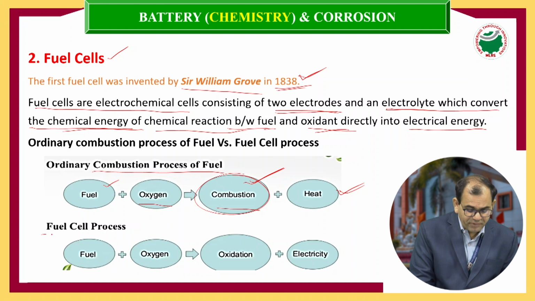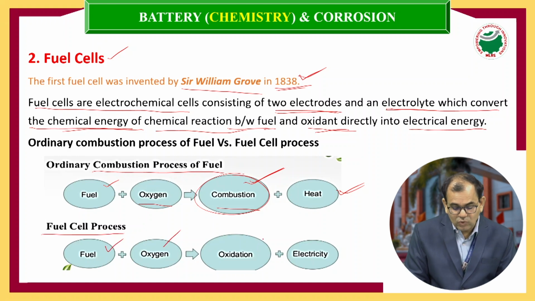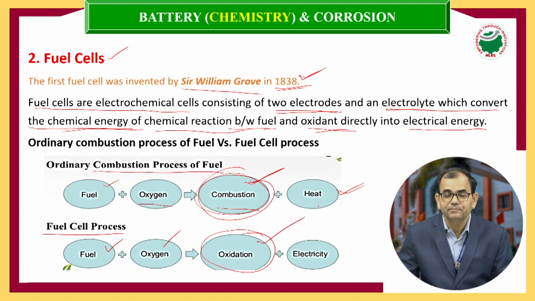Whereas in a fuel cell, fuel with oxygen goes through oxidation instead of combustion. We know oxidation is loss of electron and reduction is gain of electron.